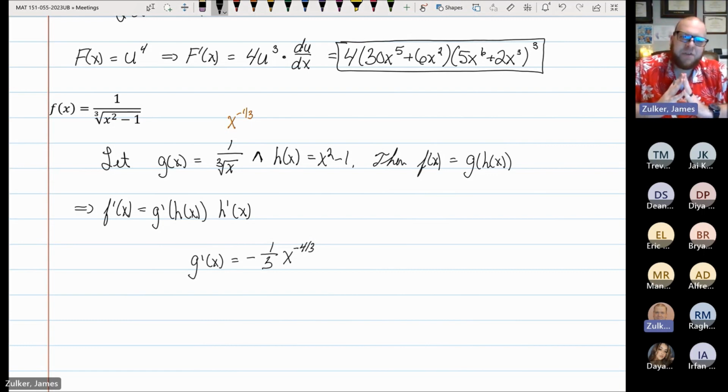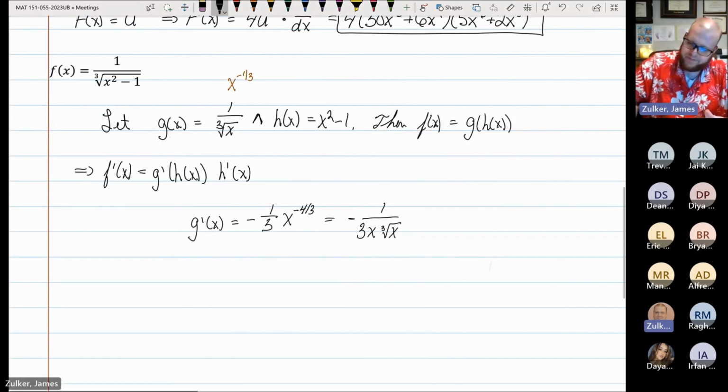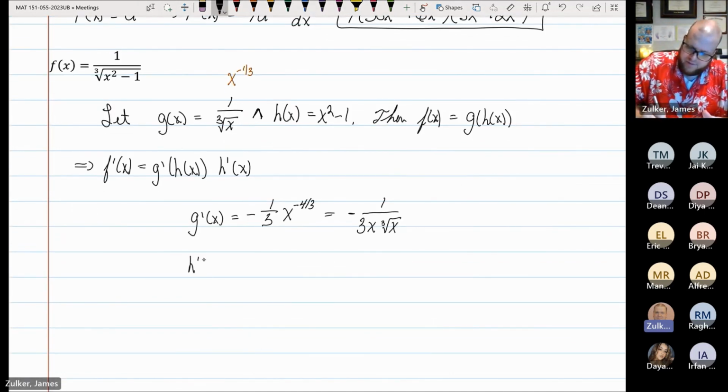So g prime is negative 1/3 x to the minus 4/3, or negative 1 over 3x times the cube root of x. h prime of x is simply 2x.